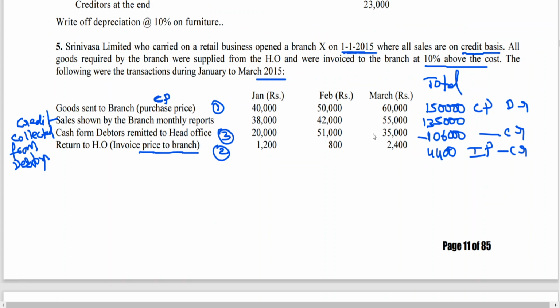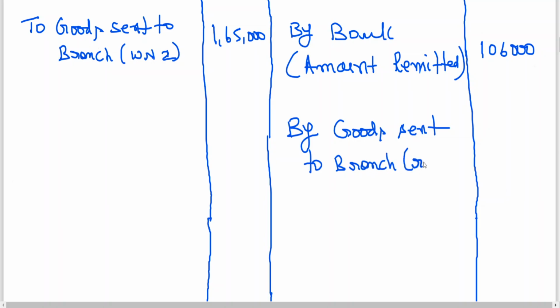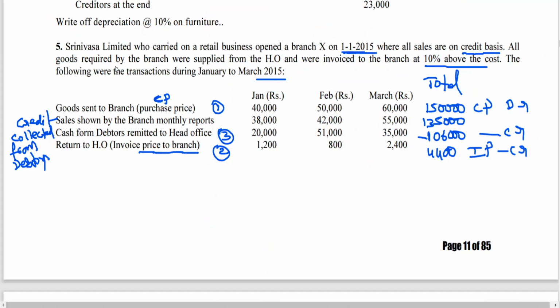Then sales returns, how much are we having? 4,400. By goods sent to branch return, 4,400.